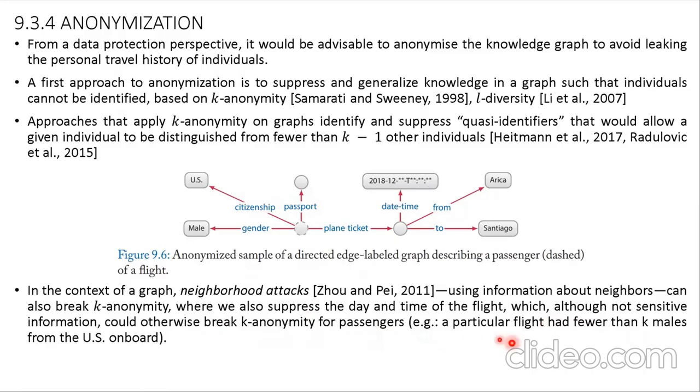For example, a particular flight might have fewer than k males from the US on board. So the graph shown in 9.6 offers k-anonymity for a particular individual, assuming that at least k male passengers from the US flew in December 2018 from Africa to San Diego.